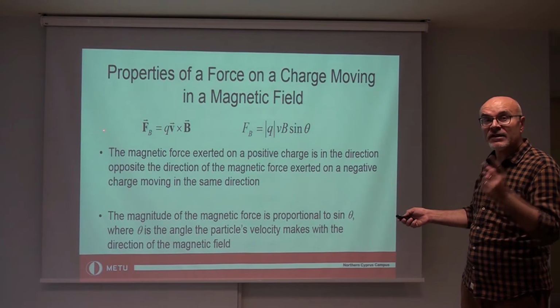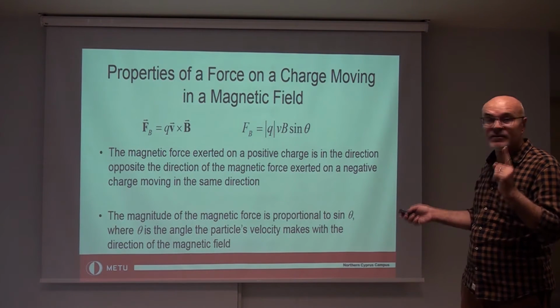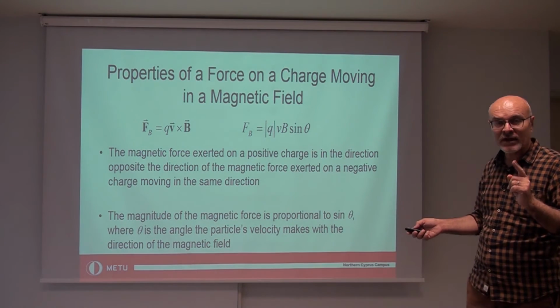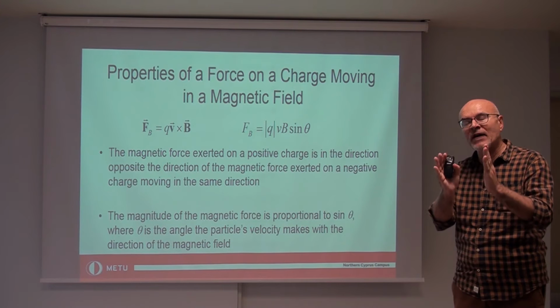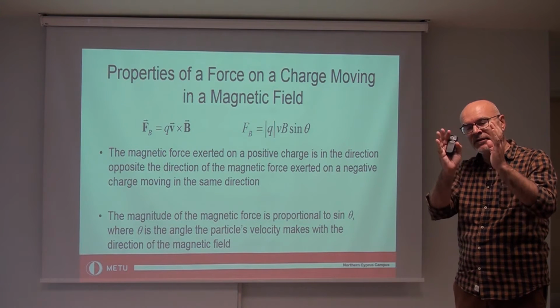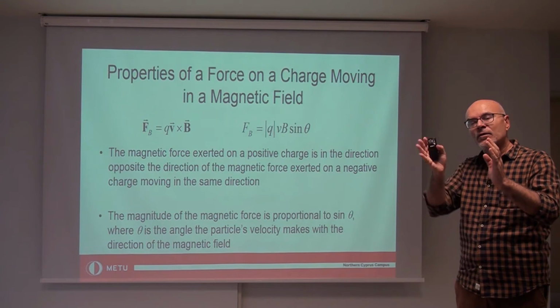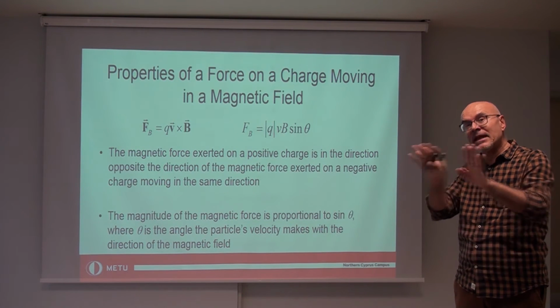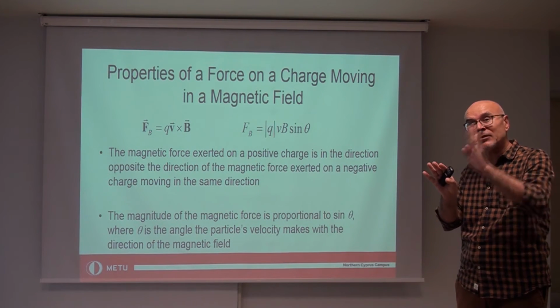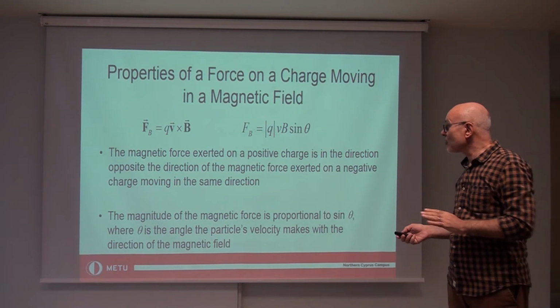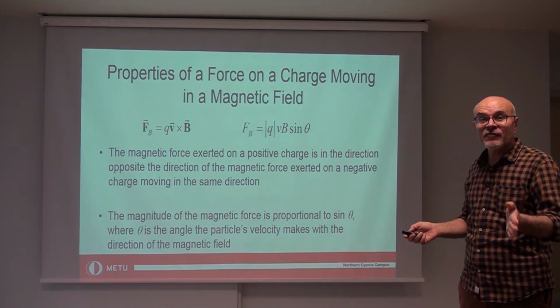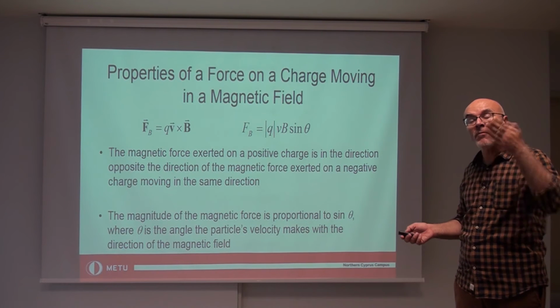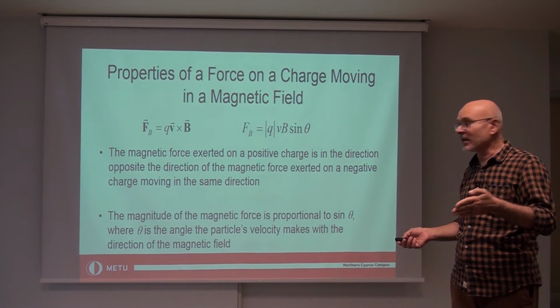The vector F is normal to both V and B. I mean, this is something general. When you have the cross product, the vector product, A cross B, the result is a vector that is normal to the plane containing A and B, which means normal to both A and B. Okay, so generally, the force vector is always normal to the velocity of the charged particle.